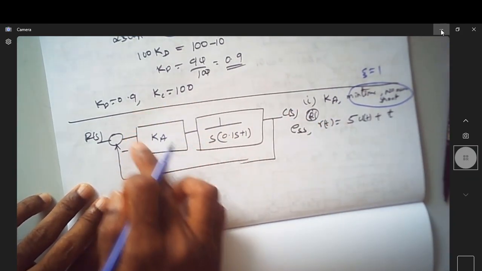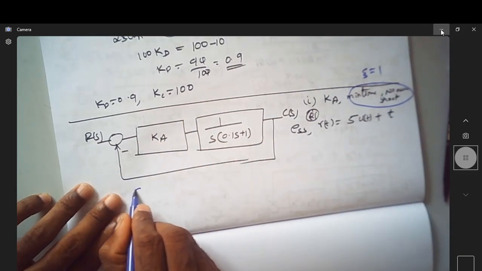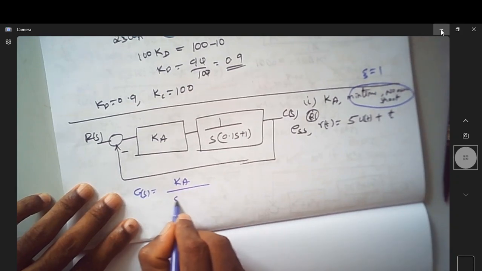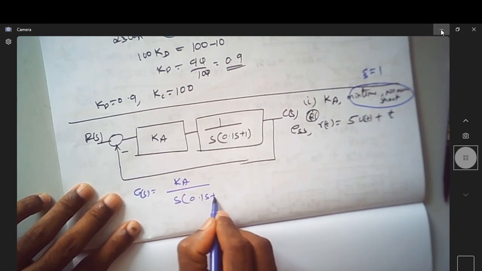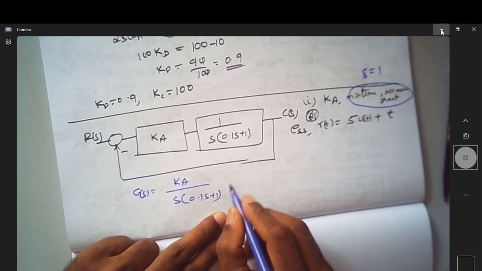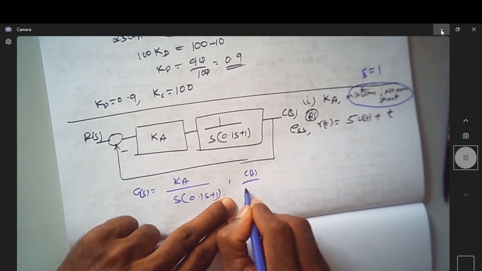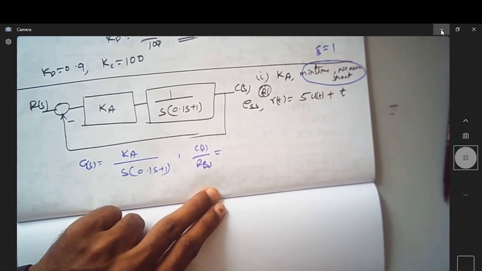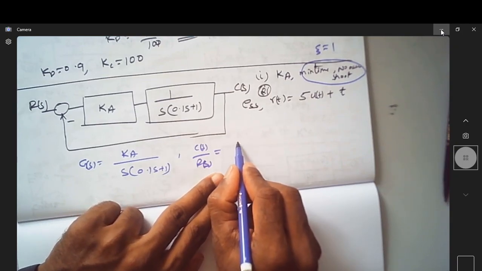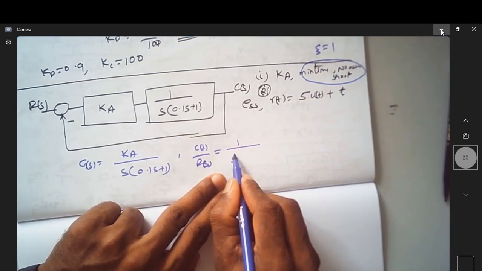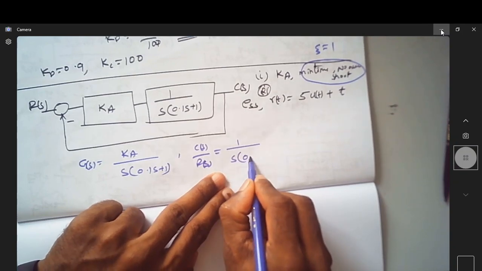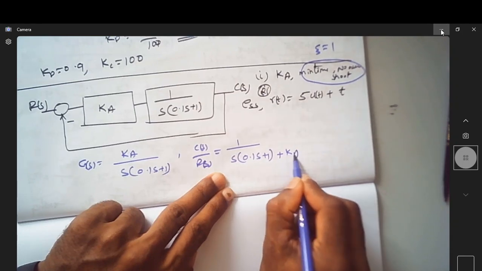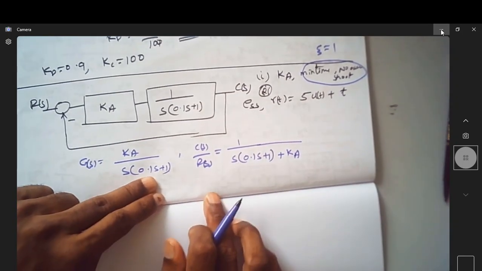So looking at this transfer function, G(s) is equal to Ka by s into 0.1 s plus 1. And what is its C(s) by R(s)? C(s) by R(s) is equal to 1 over s into 0.1 s plus 1 plus Ka.